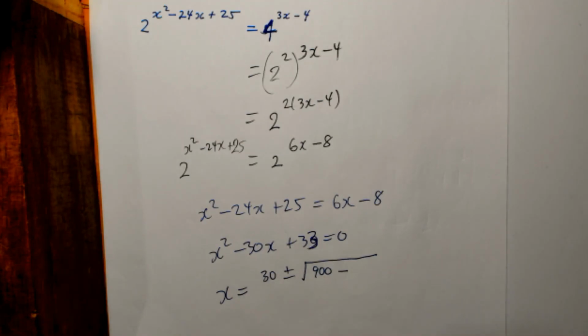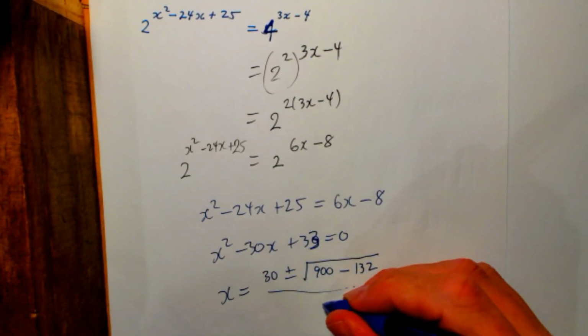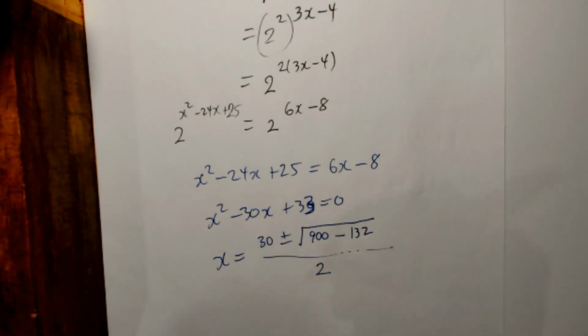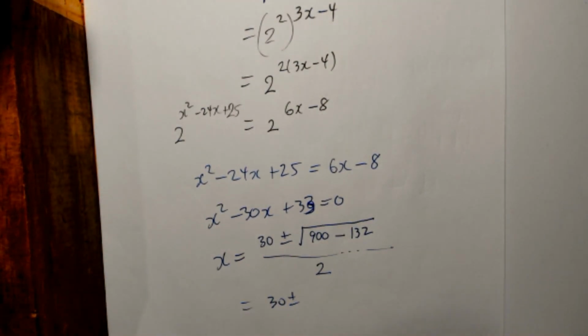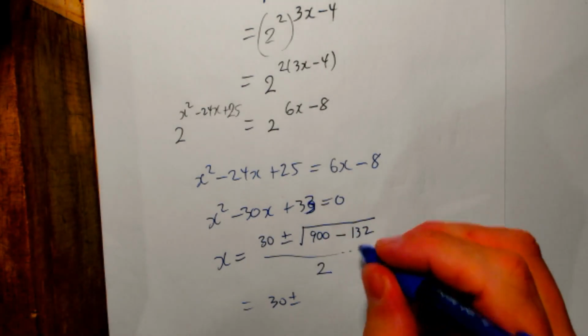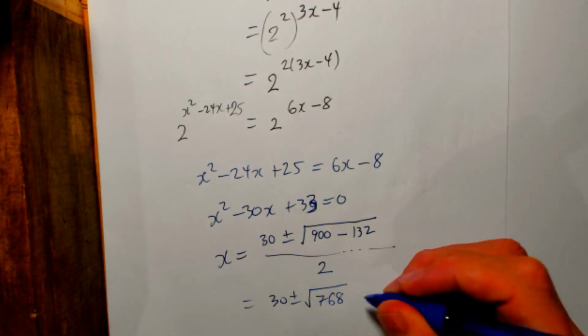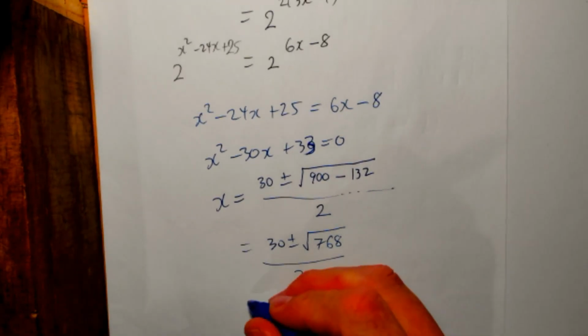Okay, so 4 times 33 is 132. And that's all over 2a, which is just 2. So simplifying this, we've got 30 plus or minus. Now, that difference is 768. But 768 is 16 root 3.